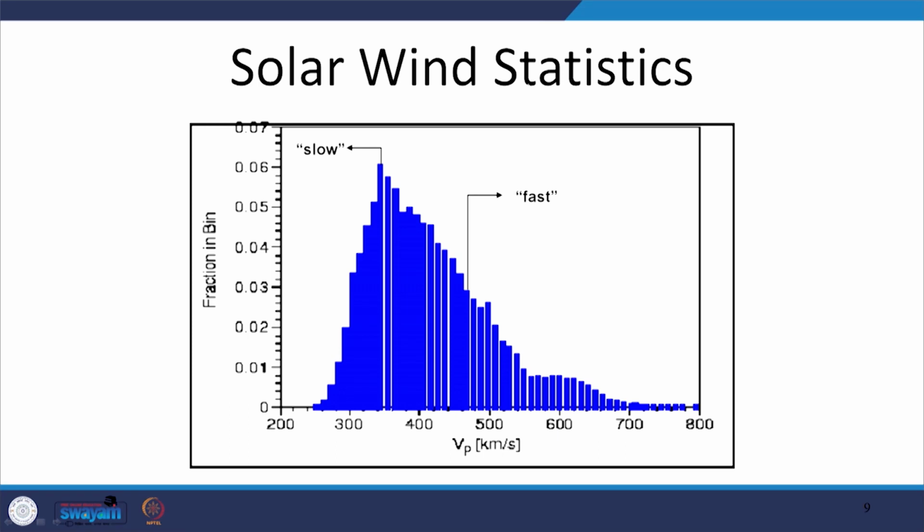If you look at the statistics, the most probable or average velocity is of course not very fast. The incidences of faster velocities are small, but the mean velocity, let us say the slow solar wind velocity, is the most likely thing that you will find on any given day.